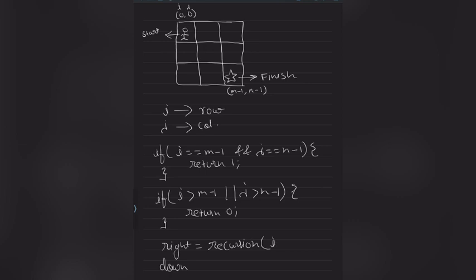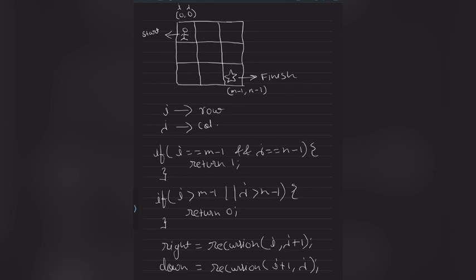The row size will remain the same, and we will increase the column size by 1. And similarly, if it goes down, we'll call the function again, and we will increase the size of the row by 1, and the column size will remain as it is, right?